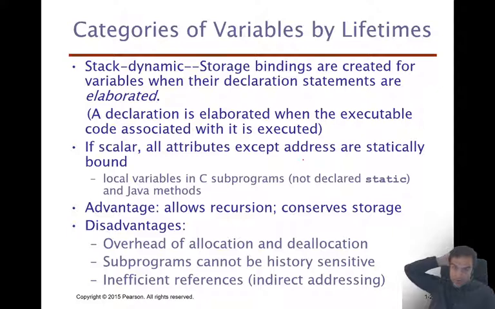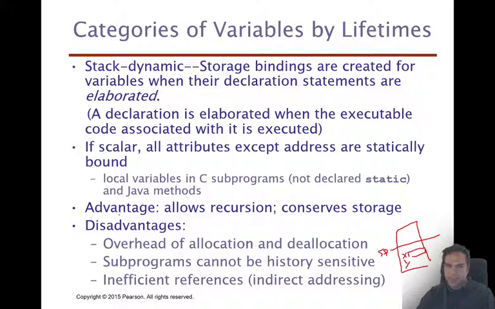They get their address, the primitive types in Java, not the objects, right? While the references themselves go on the stack, right? Those are all going to be examples of stack dynamic things, right? So again, you've got a stack, you've got a stack pointer, you've got some local variable x, some local variable y, those get elaborated, they get room on the stack, right?